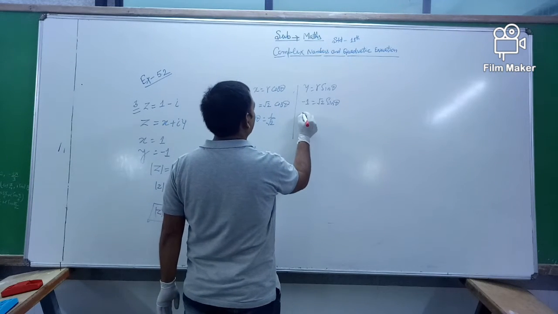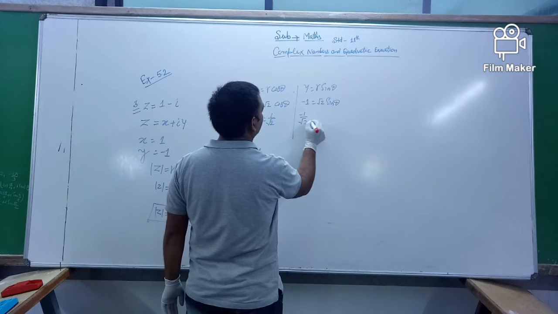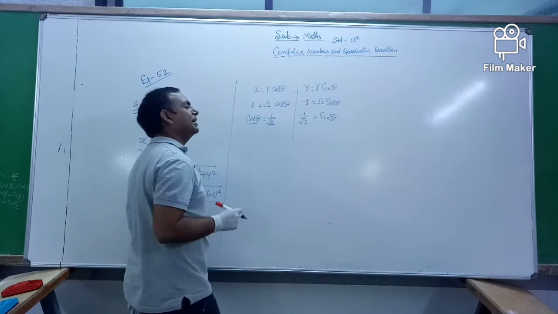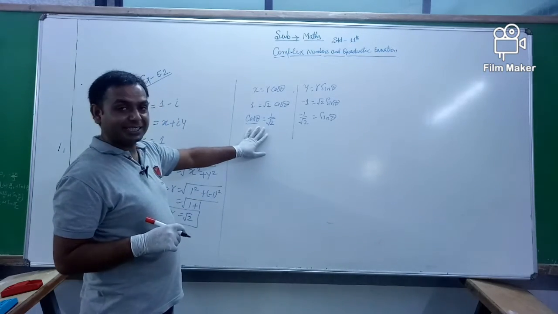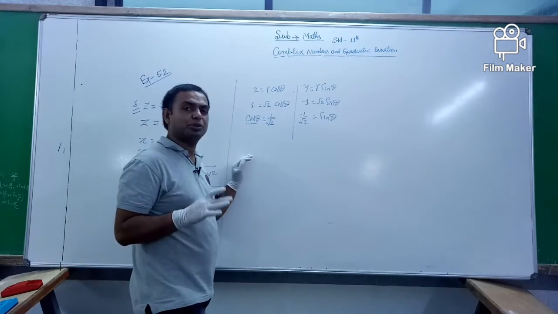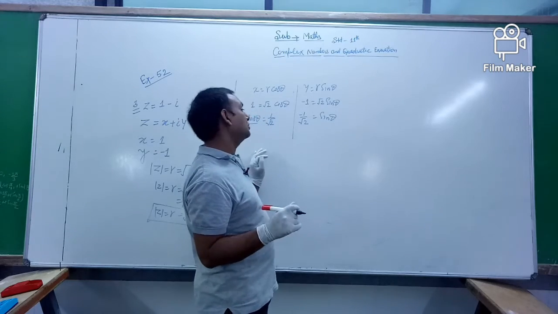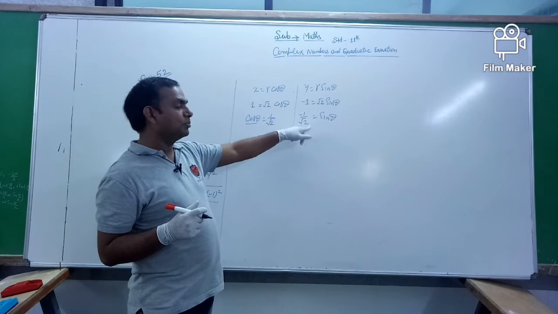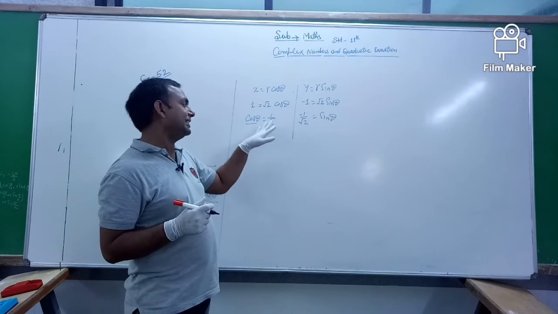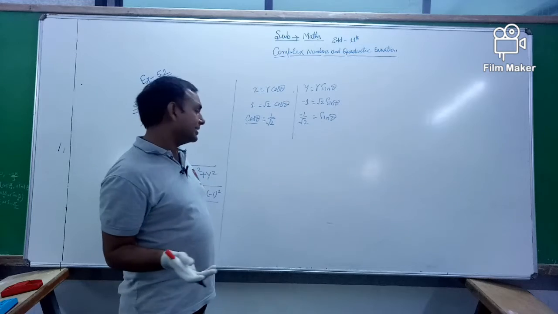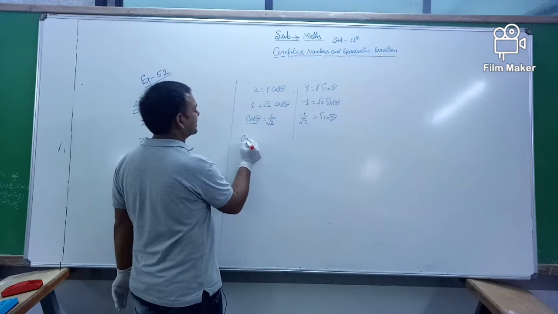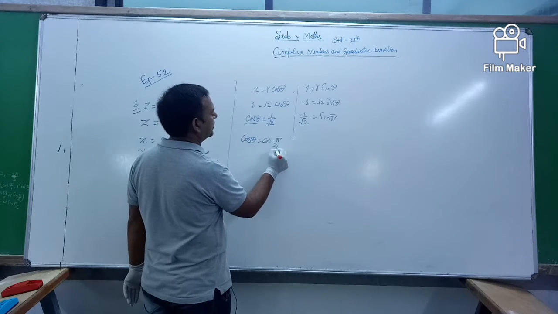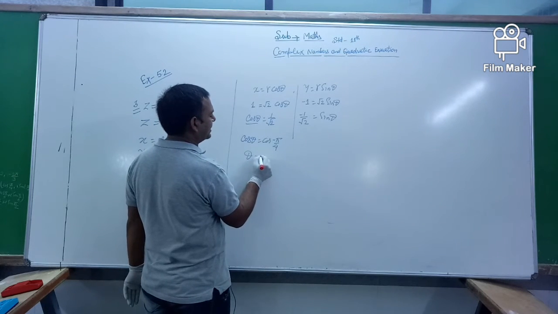So minus 1 by root 2 is equal to sin theta, and this is the value of pi by 4, but here cos theta is positive and sin theta is negative, so this goes into the fourth quadrant. So sin of minus theta is equal to minus sin theta, and cos of minus theta is equal to cos theta. So cos theta is equal to cos of minus pi by 4. So theta is equal to minus pi by 4.